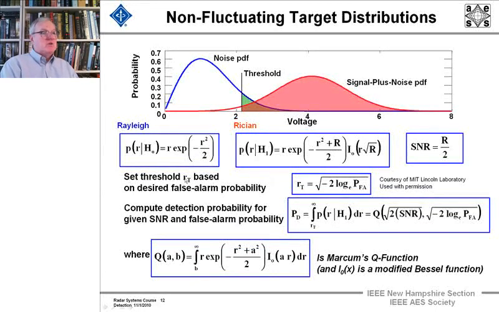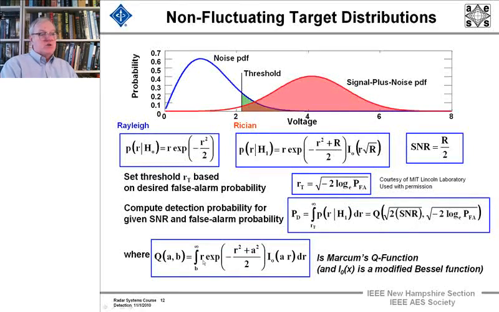We set the threshold R sub t based on the desired probability of false alarm, and if you put in whatever false alarm you want, work your way back through. Note this is a logarithm to the base e, and it will tell you where to put your threshold R sub t. And so you can compute the detection probability for a given signal-to-noise ratio and false alarm probability, which is just this integral, which is Marcum's Q function.